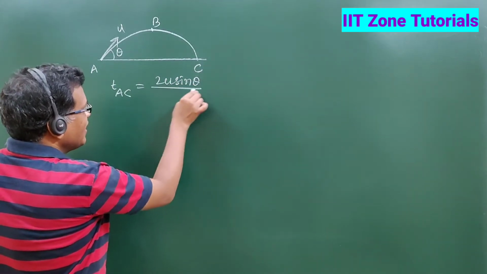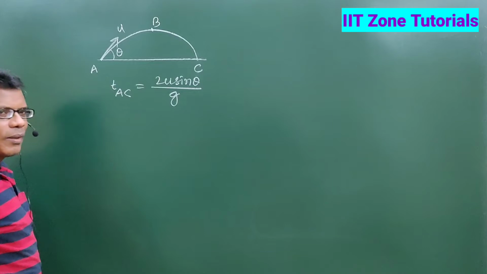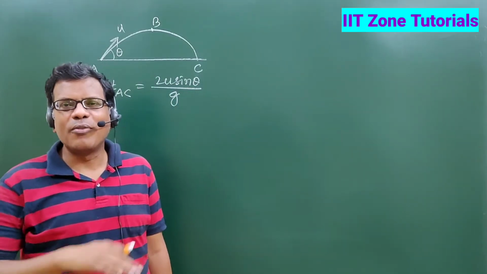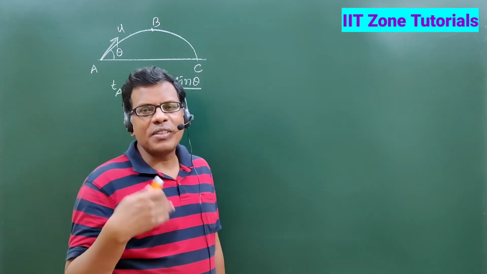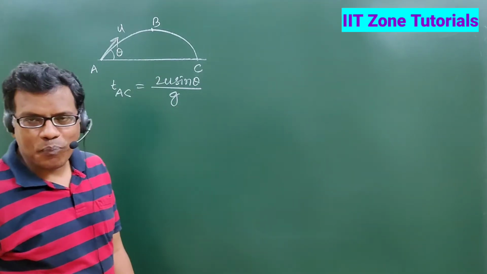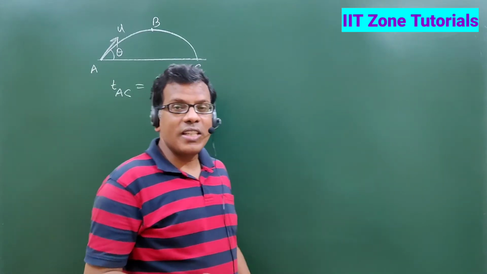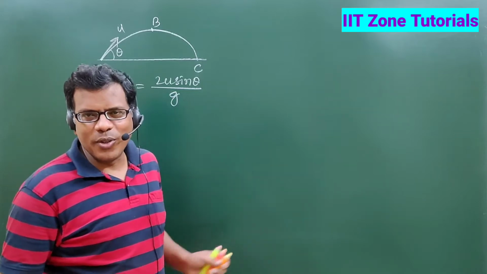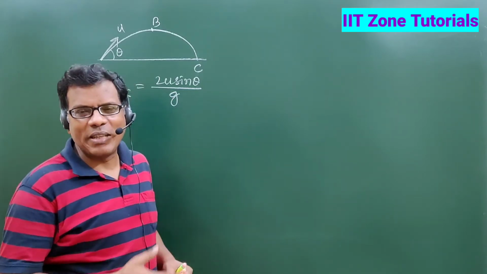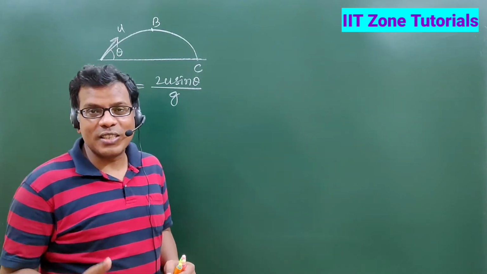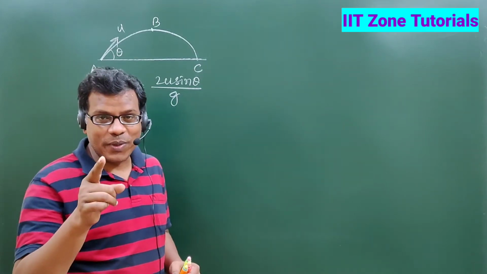I have said that this formula is not applicable wherever C is at some height above the level of A, or somewhere below the level of A, right? Now the question is, this much we have discussed in our previous class. Then what are we going to do here? Are we going to talk about the same things again? No. We are going to discuss a few problems based on this particular type.